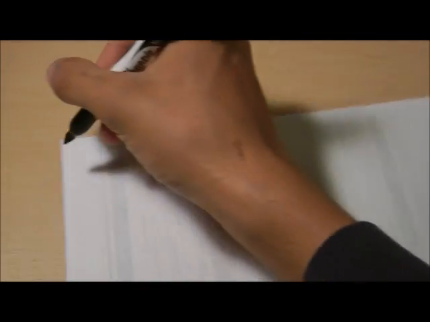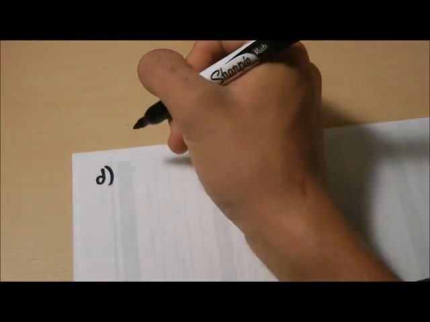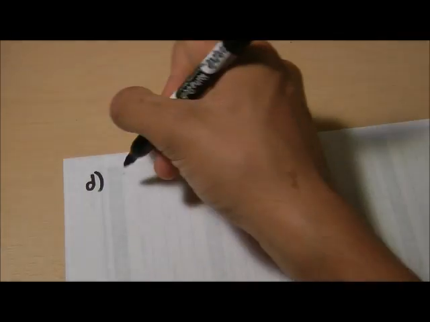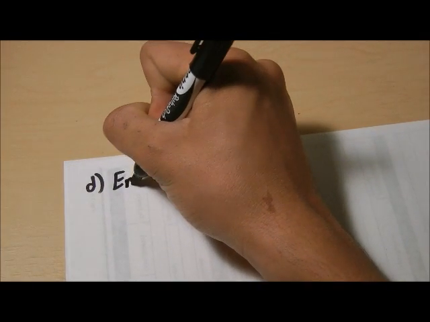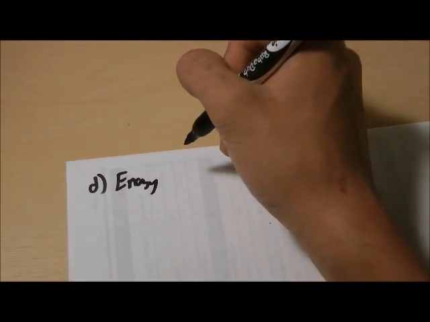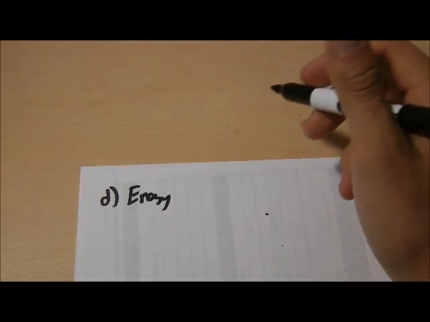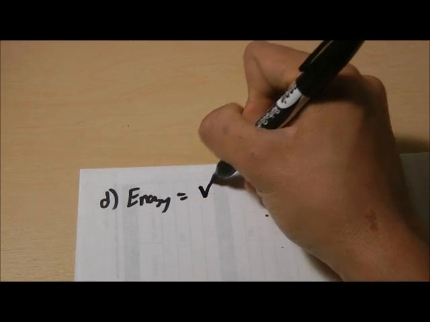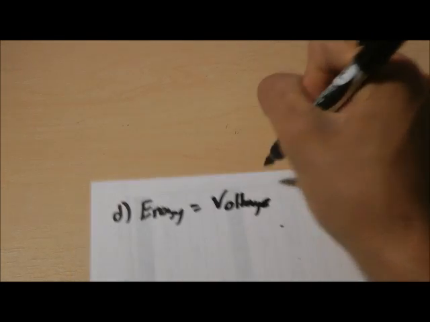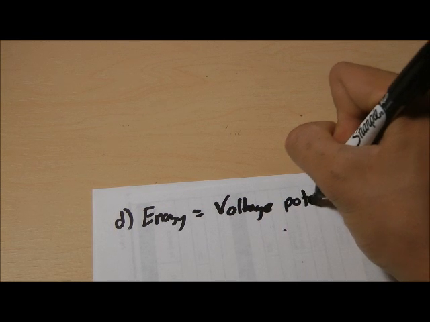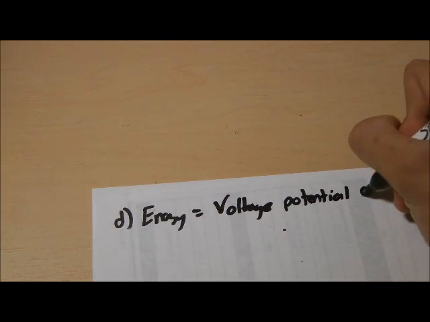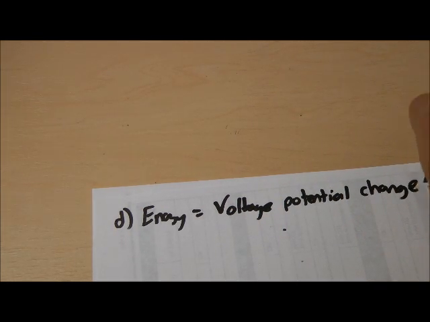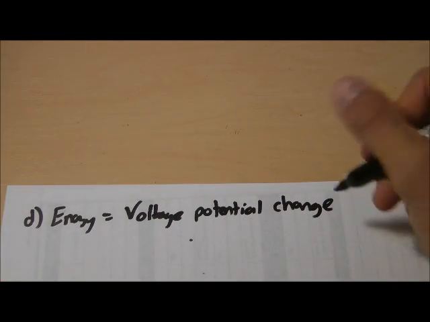So the energy from region 1 is equal to the voltage potential change times the charge of the particle.